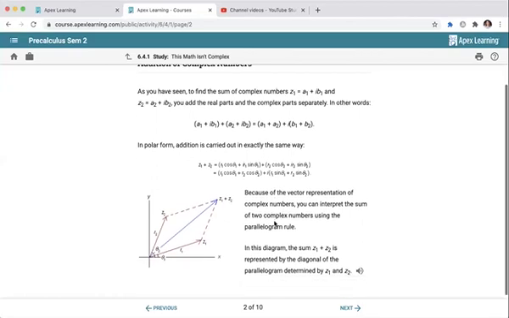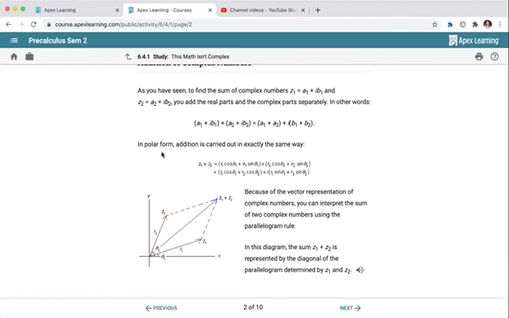Okay, and in the other polar form, it works the exact same way. So if it's not just this A and this B, if it's in the trig form, right, especially this is the trig form here, we can add it together as well.